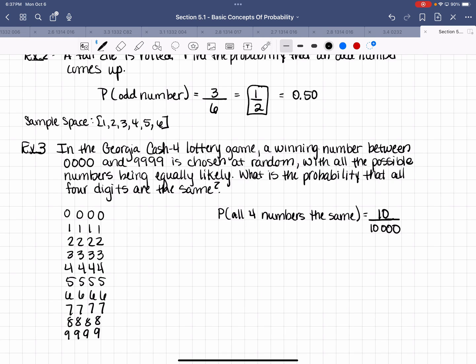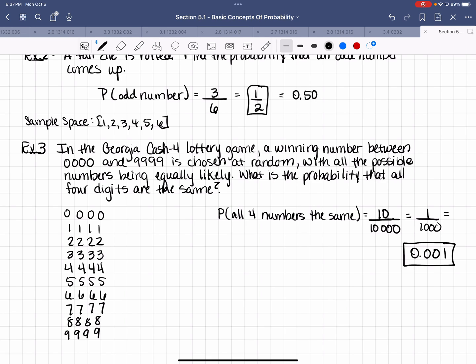So the probability of all 4 of them being exactly the same is 10 out of 10,000, which is really 1 out of 1,000, which is 0.001. That's less than a 1% chance, guys.